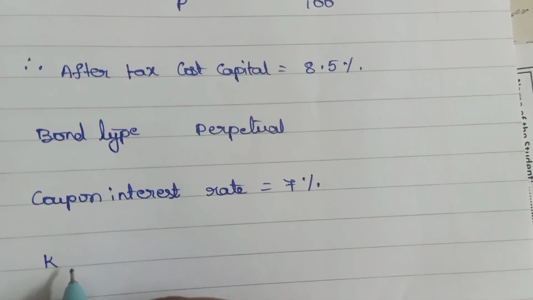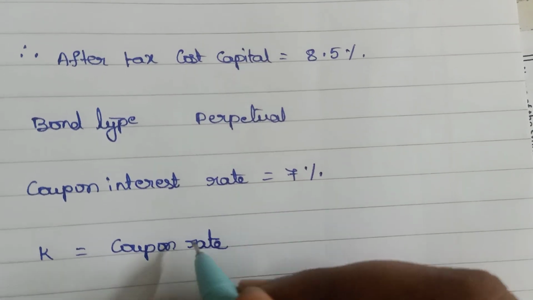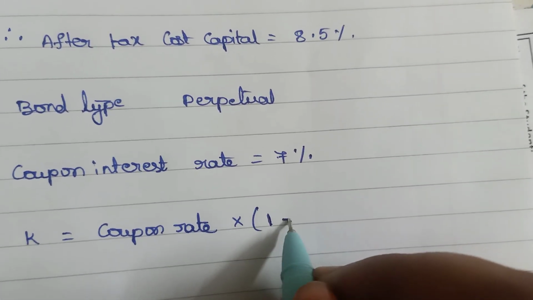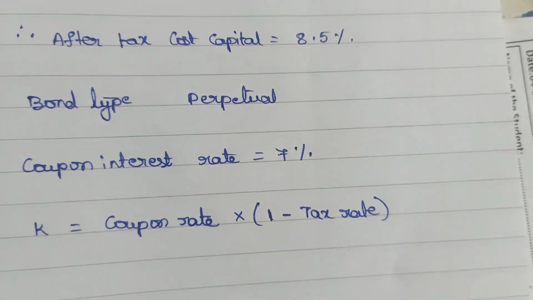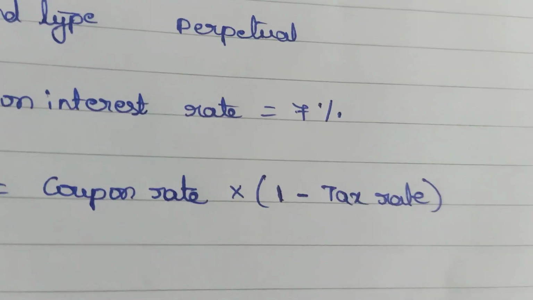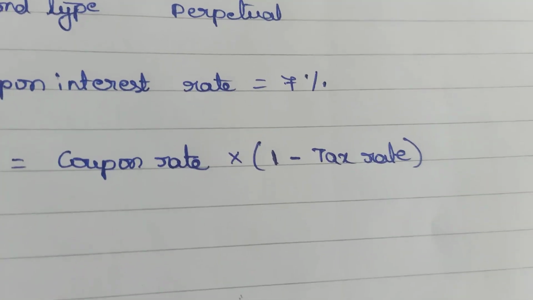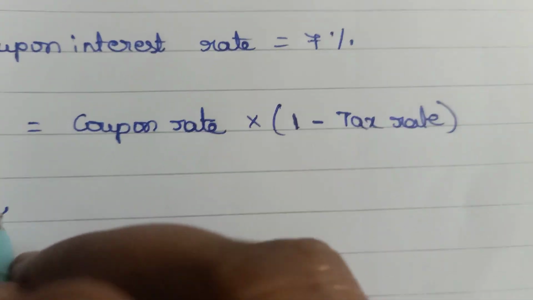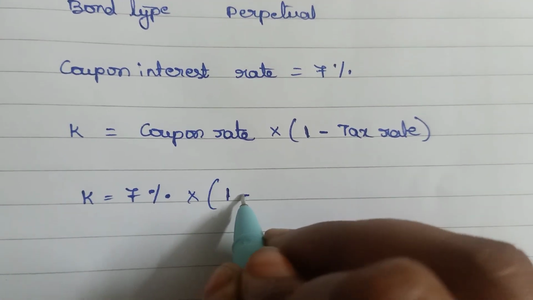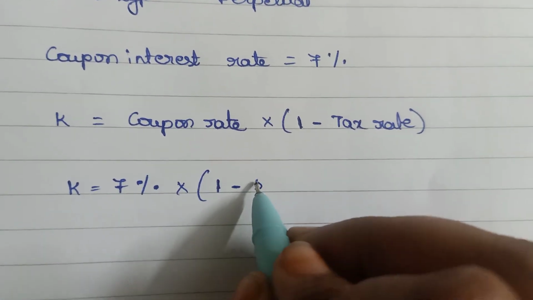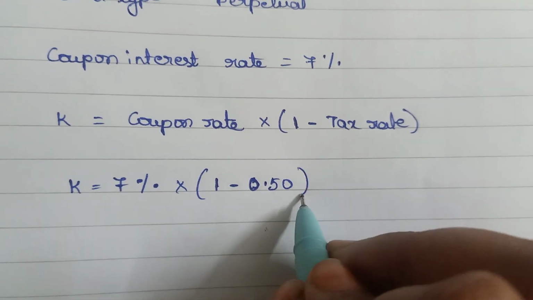So for this we have to calculate like this: Kd is equal to coupon rate into (1 minus tax rate). Why? Because in this sum they have only given the coupon rate and the tax rate. The tax rate is 50% and the coupon rate is 7%. So Kd is equal to 7% into (1 minus 50%). 50% means 0.50.